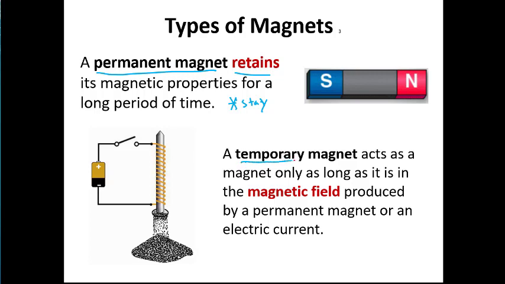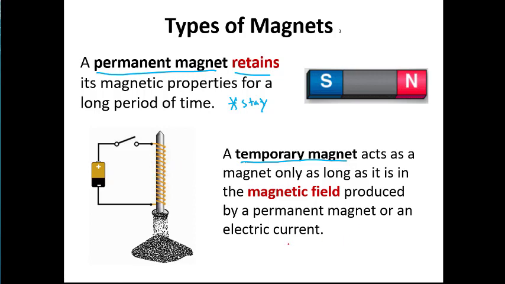Temporary magnets are magnets that only act as magnets as long as they're in the magnetic field produced by a permanent magnet or an electric current. So a temporary magnet would be a material that while it's in the magnetic field, it's magnetized, but as soon as we take the magnetic field away, it's demagnetized.